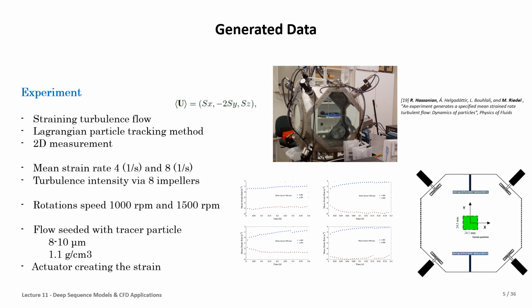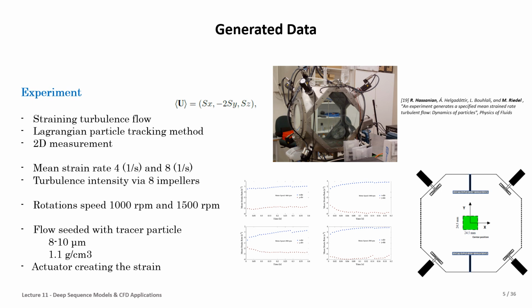The location of the measurement is in the center of the tank. You can see on this sketch, it's 24.5 millimeter square. It's far from the wall to be sure that in this area it has a homogeneous and isotropic condition in the beginning.